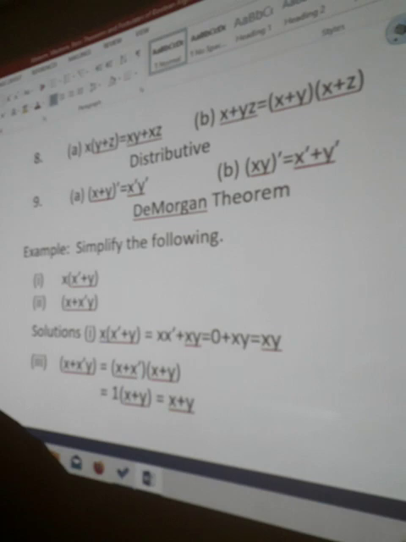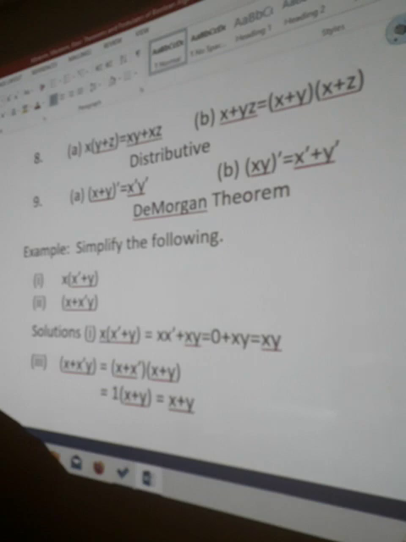Example, simplify the following. Number 1, x(x' + y). If we open the bracket, we have xx' + xy, and xx' is 0. So we have 0 + xy. So it is an OR operation between 0 and xy.